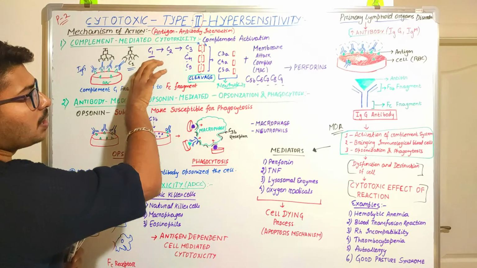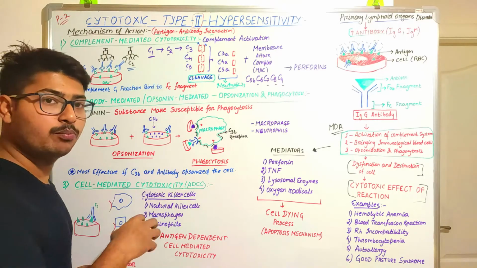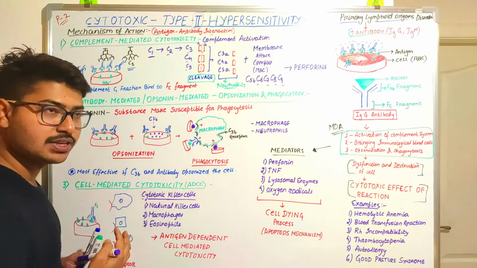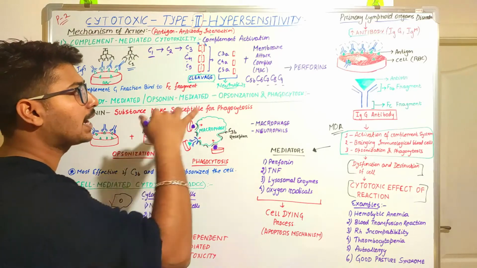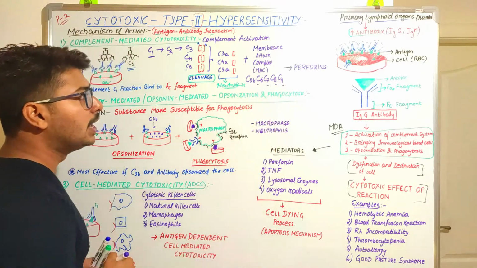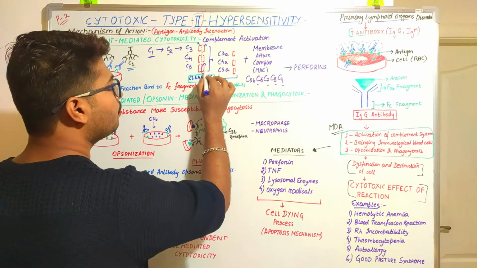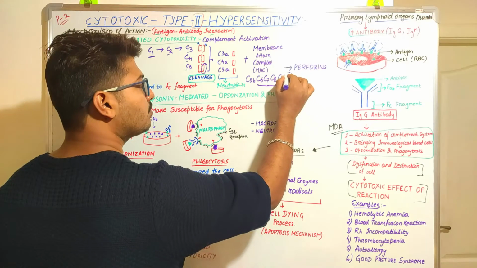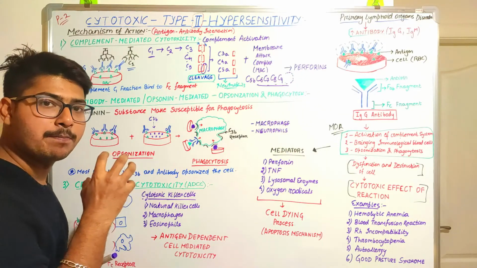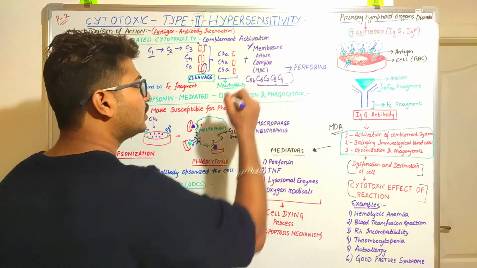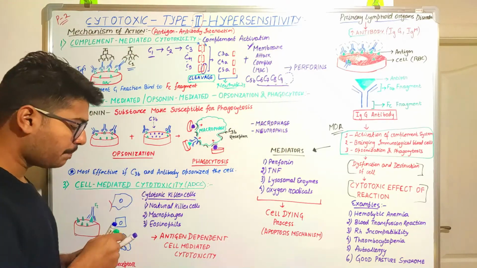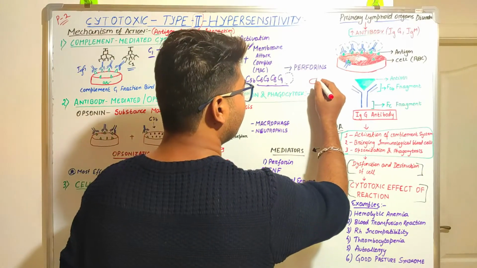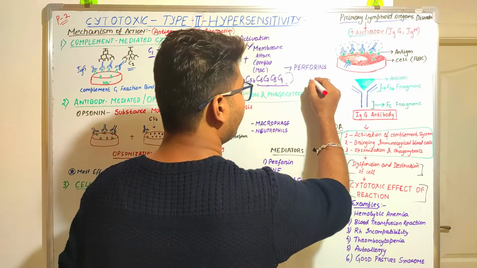If the complement system is fully activated, that is, after C3, C4, C5 activation, this complex activates C6, C7, C8 and C9. Then the C5b component with C6, C7, C8, and a larger number of C9 components will make a membrane attack complex.